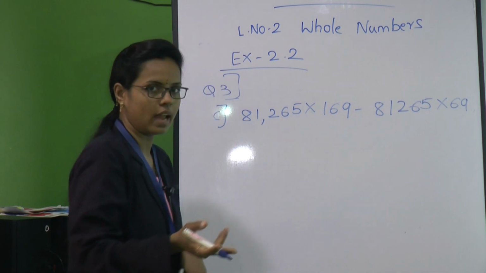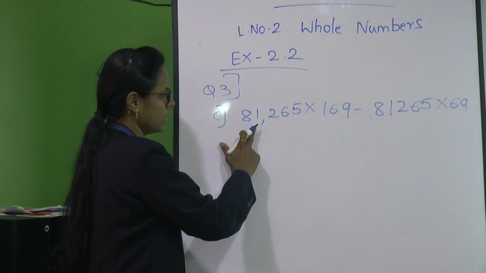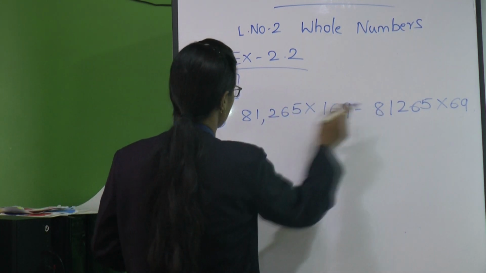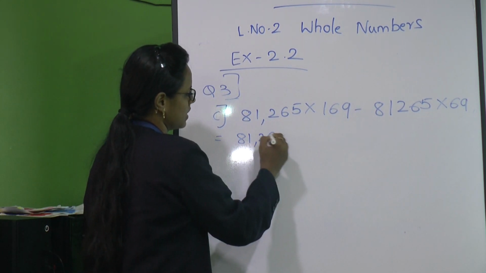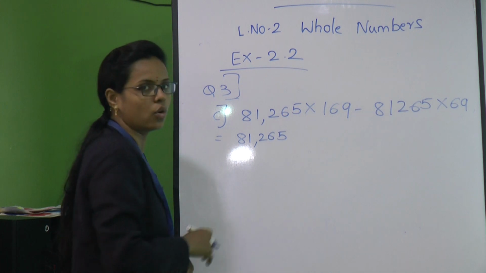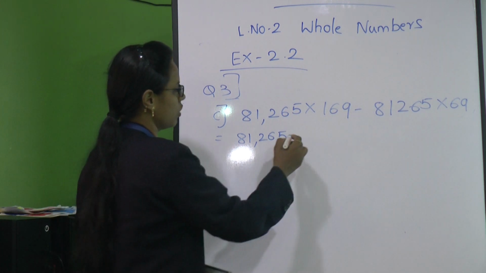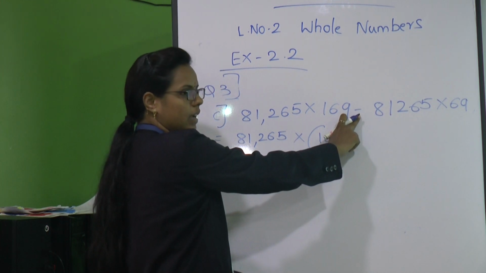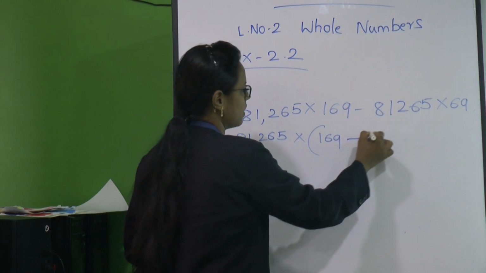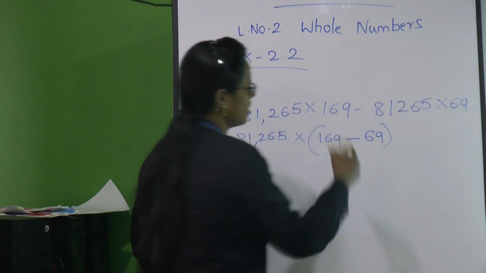Now again we have the same number, 81,265 and 81,265. Let us take it as common. Okay. Now in the bracket what will we take? 169. What is the symbol given in the middle here? Minus. So we will take minus 69.